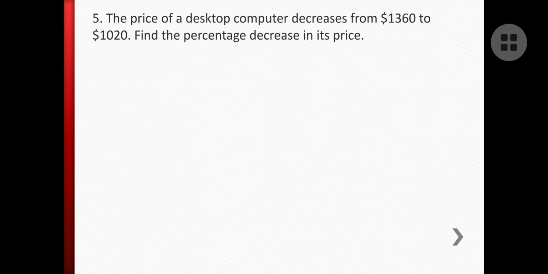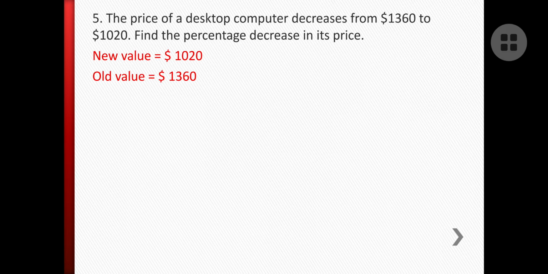Decreases from 1360 to 1020. That means the new, decreased value is 1020 and the old value is 1360. Correct? So the new value is $1,020 and the old value is $1,360.